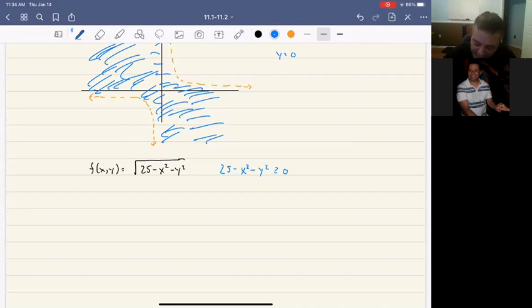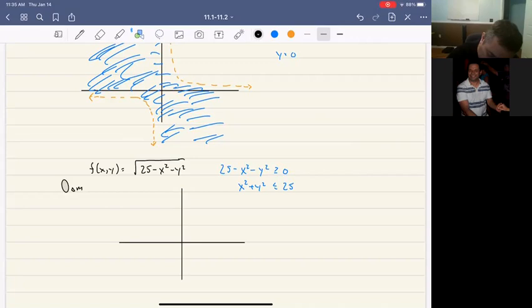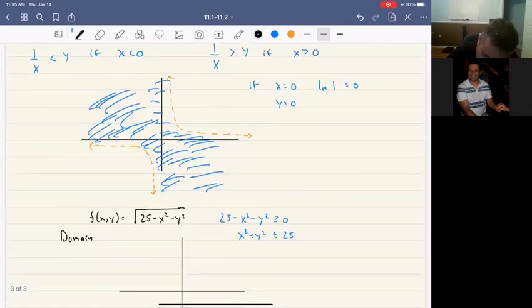Well, that's basically x squared plus y squared has to be less than or equal to 25. And what kind of object is that? That is a circle, and it's inside. Remember, that's what we're doing here.